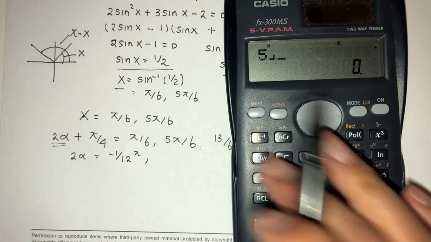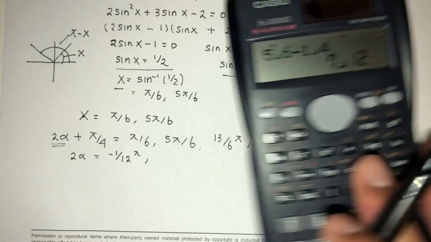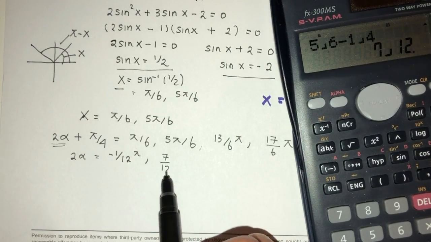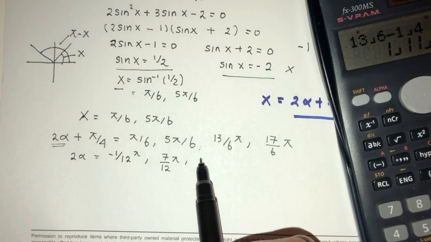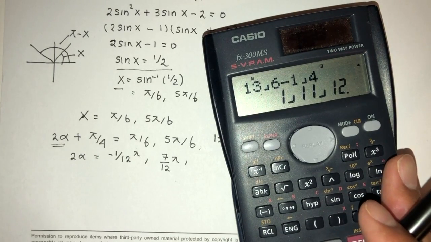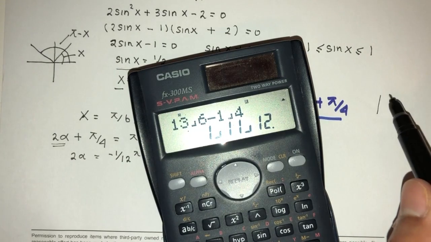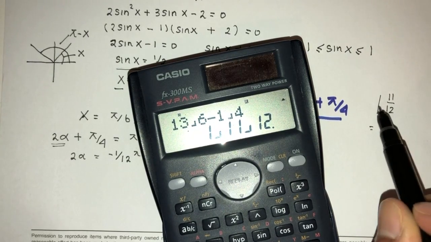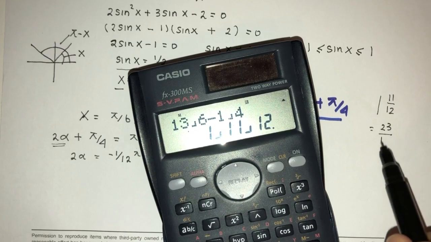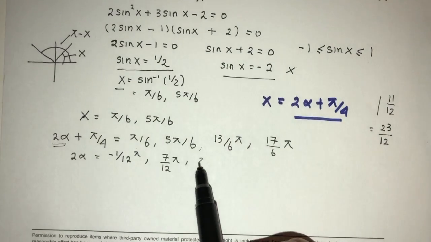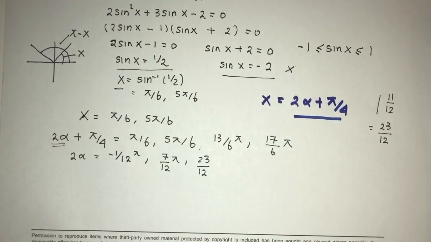Then 5 over 6 minus 1 over 4 will be 7 over 12 pi. Then 13 over 6 minus 1 over 4, which is 24 plus... 1 times 12 is 12, plus this will be 23 over 12 pi.